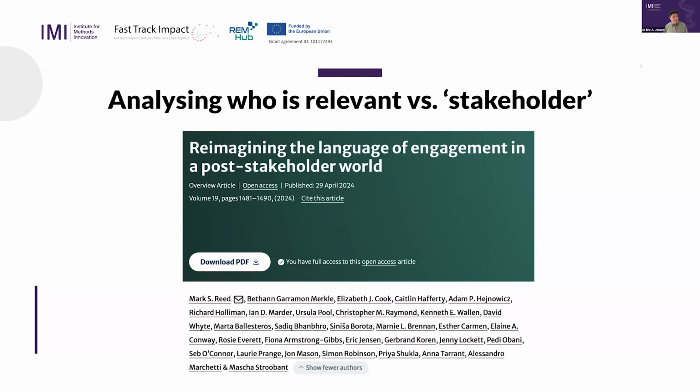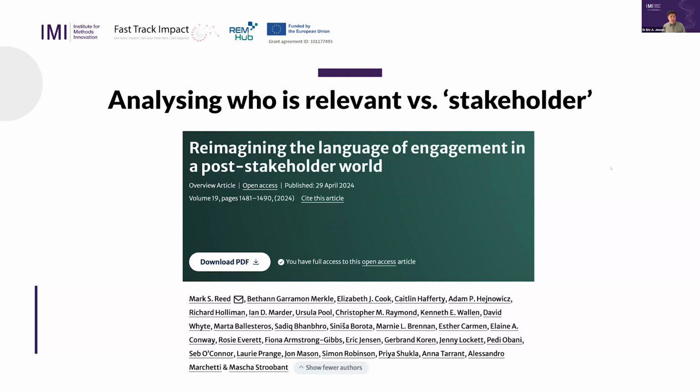And we have a paper that we've published, it's also open access, that questions whether we should be moving on from the term stakeholder, but for now it's so widespread that I think we don't really have much choice but to use it in this kind of setting where we're talking professionally about the concept. But when it comes to externally facing use of the term stakeholder, it is worth thinking about alternatives. So when we say stakeholder, what we really mean is somebody who is relevant.